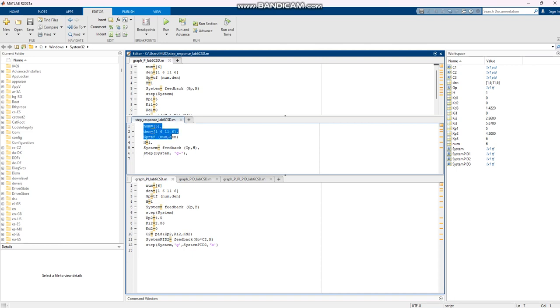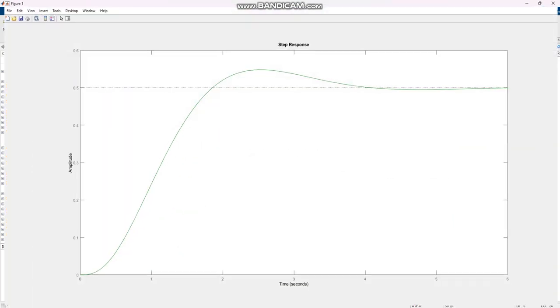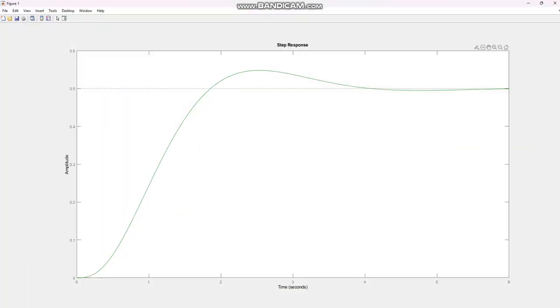The values we put in the command here are the values that we calculated. So let's run the step response command.